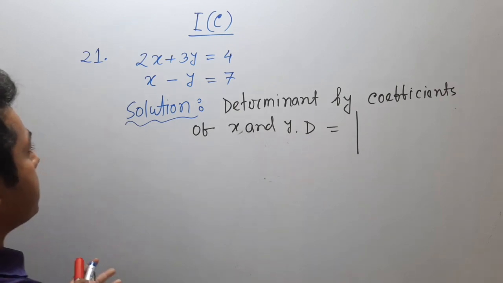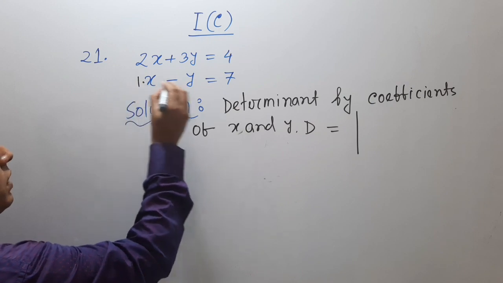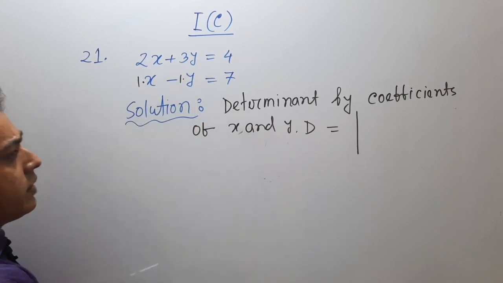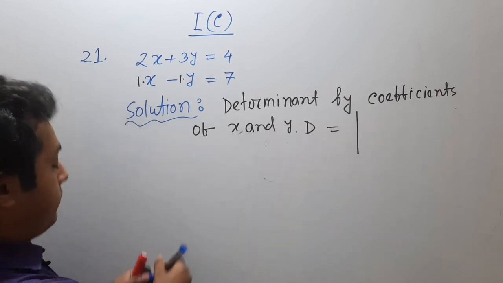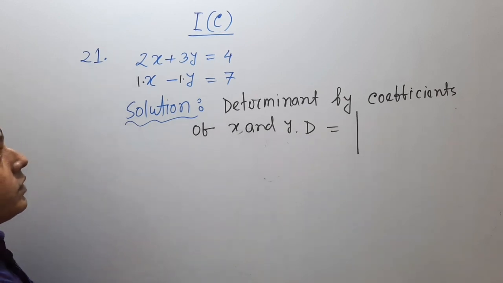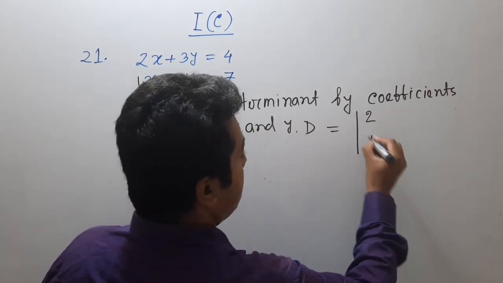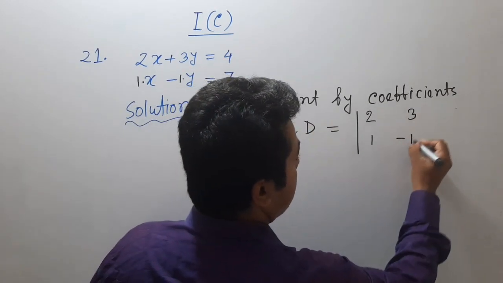Here the coefficient of x is 1, the coefficient of y is -1. Okay, so determinant D is equal to |2 1; 3 -1|.